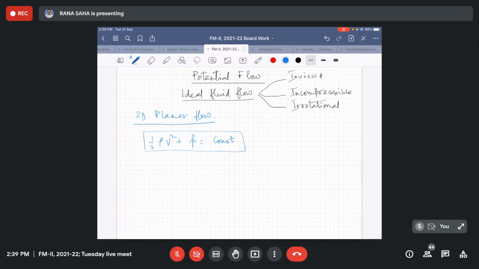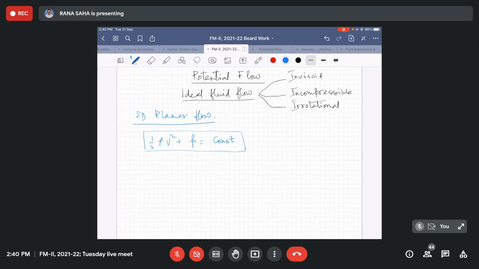written in terms of piezometric pressure form, because this will remain valid actually if the plane of flow, that is the XY plane, may not be horizontal, then also it is applicable.